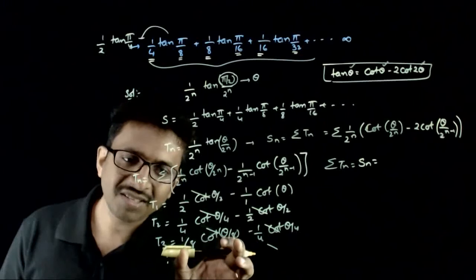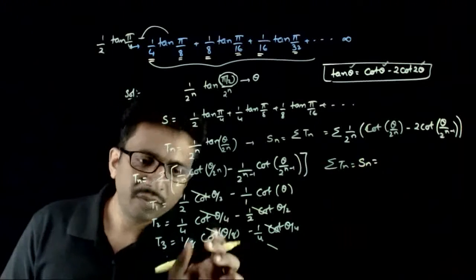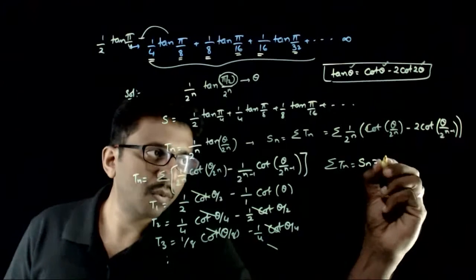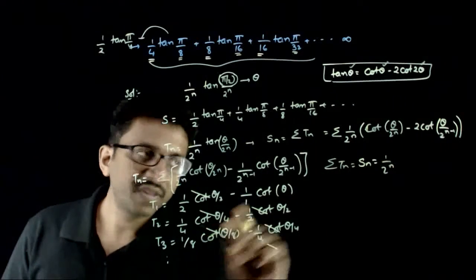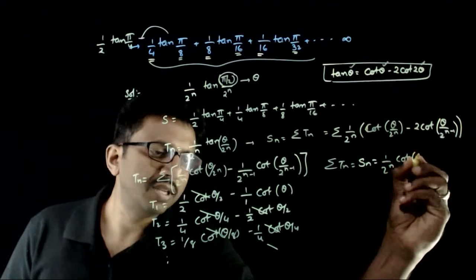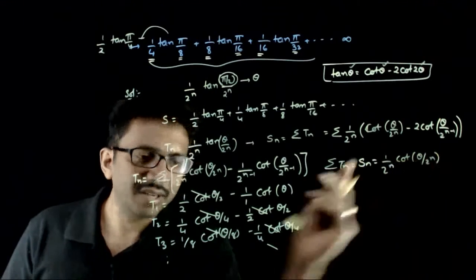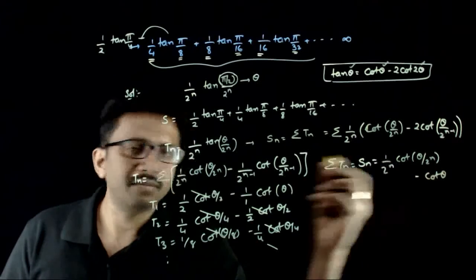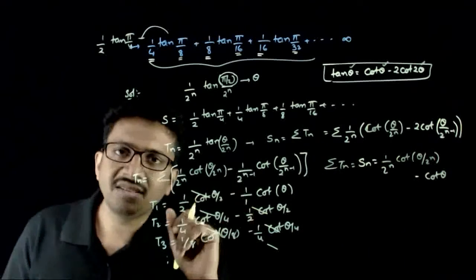So what is the term that is remaining here? If you have T3, you have 1 by 8. So if you go till Tn, you get 1 by 2 power n into cot of theta by 2 power n remaining here, minus cot theta. So these are the things that are remaining.